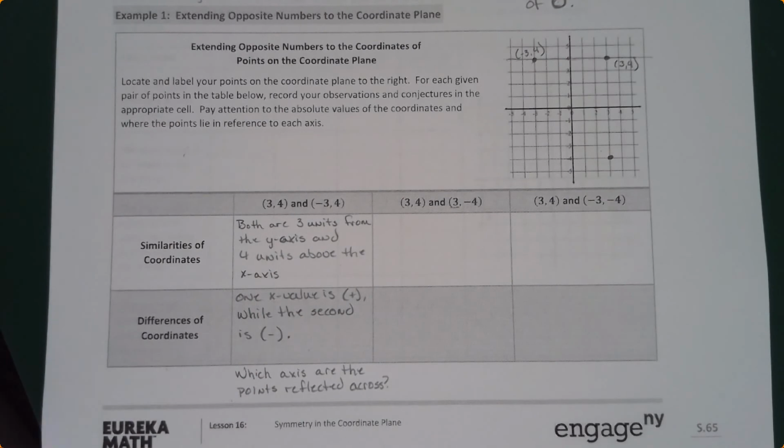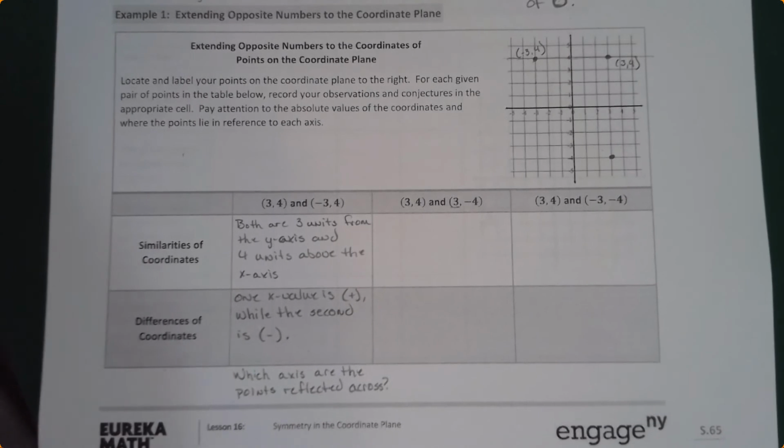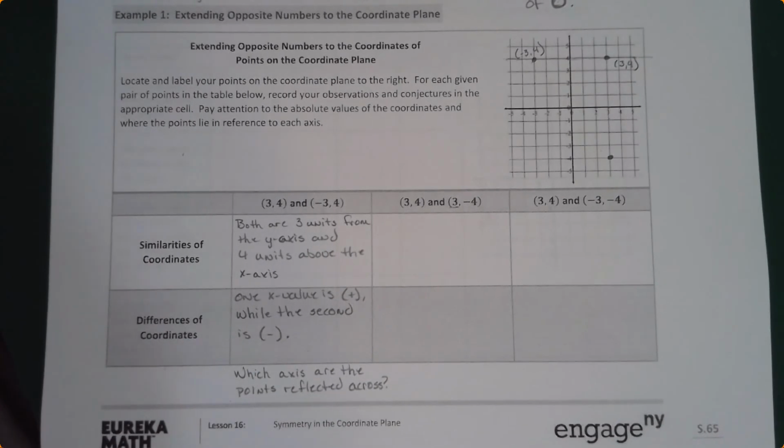The person in the classroom, you are welcome to pause the video here real quick so they can start answering this question on their own. All right, hopefully we are coming back from a pause, so let's go ahead and answer this question.